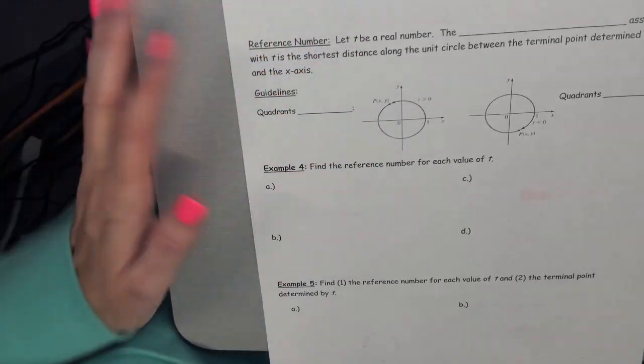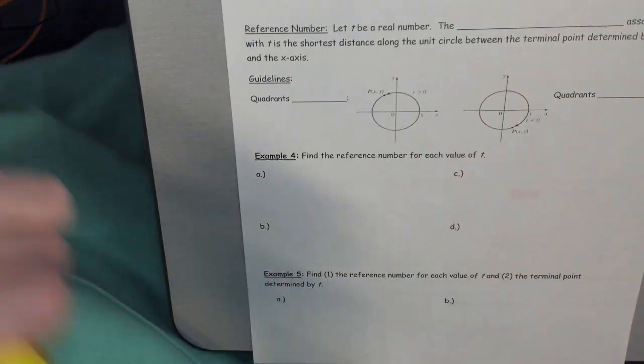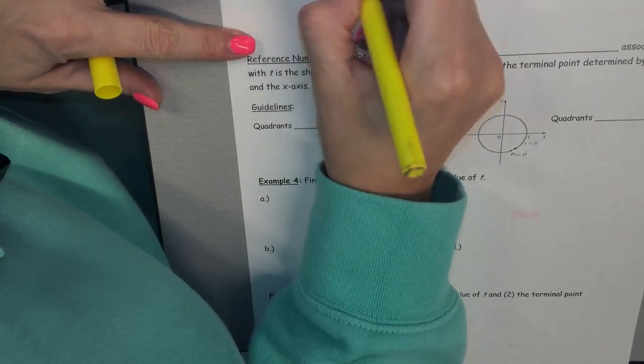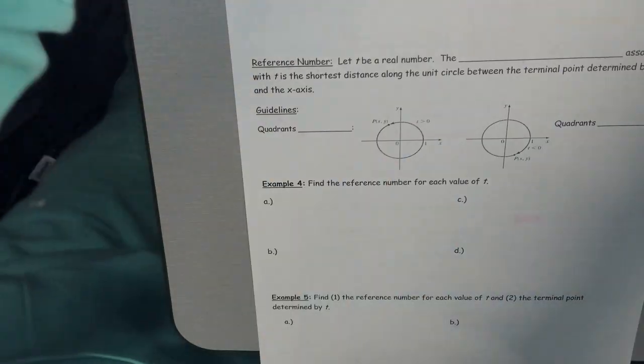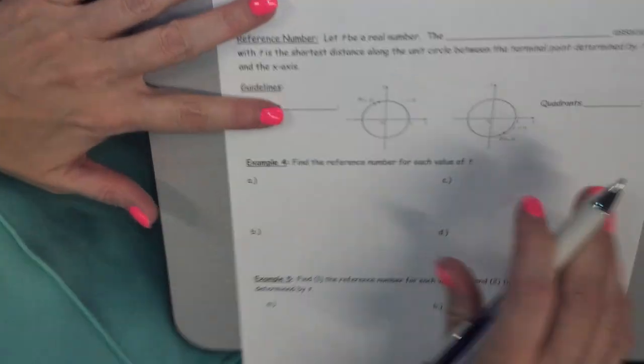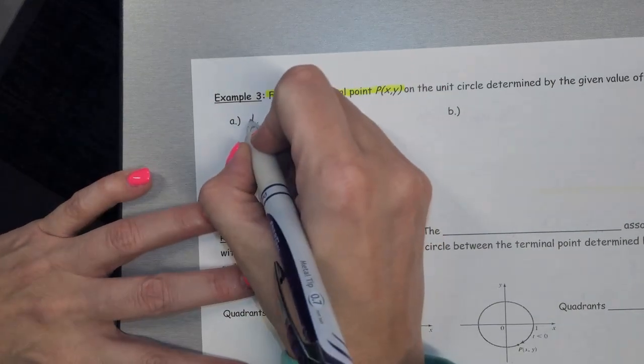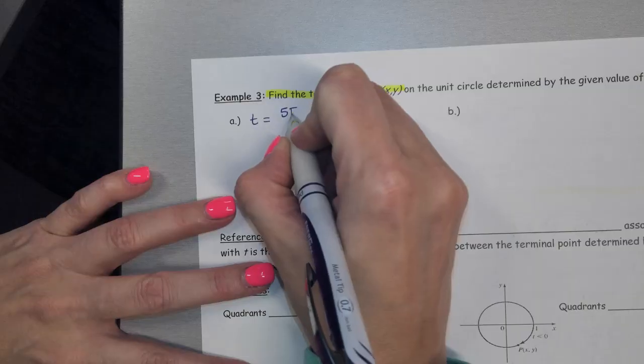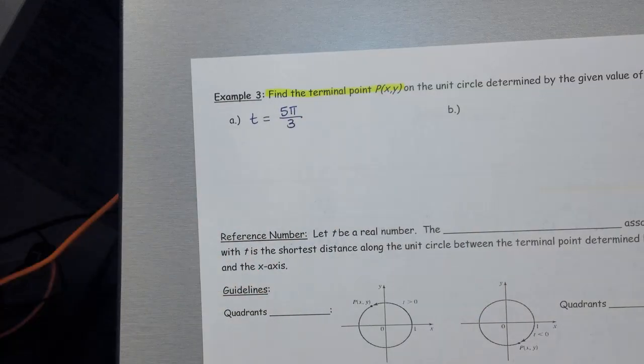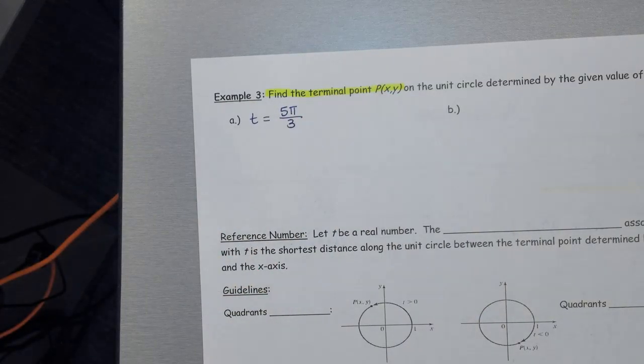Okay, and then in example 3, you have to find the terminal point on the unit circle when you are given a value of t. So you should notice some similarities to concepts that you've studied before. So if t is 5 pi over 3, you're going to have to be able to do this without looking at a unit circle. One thing I recommend is writing out quadrant 1.